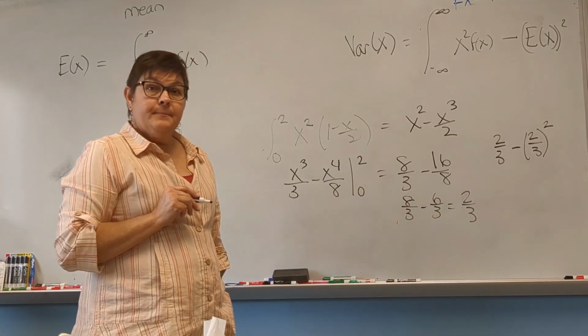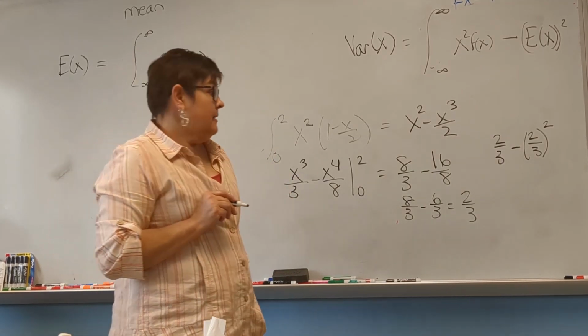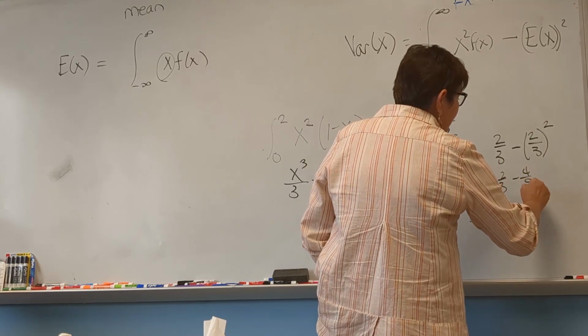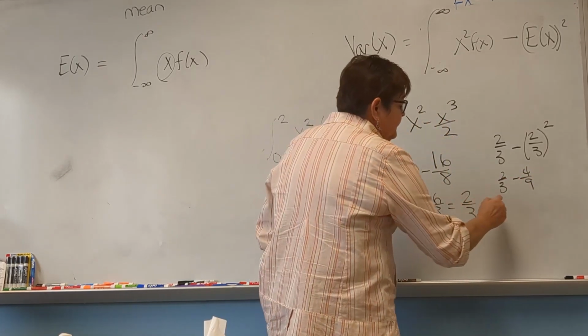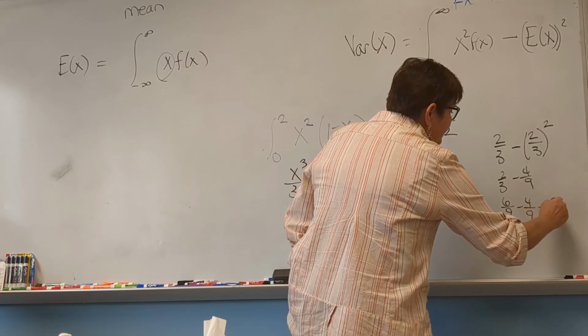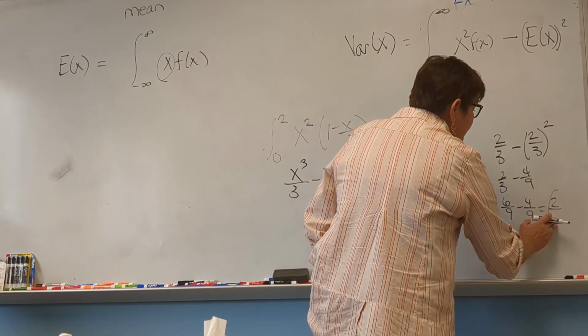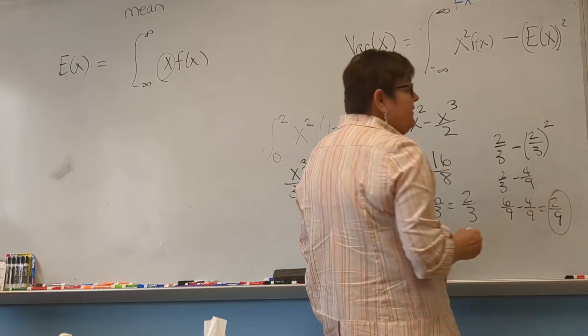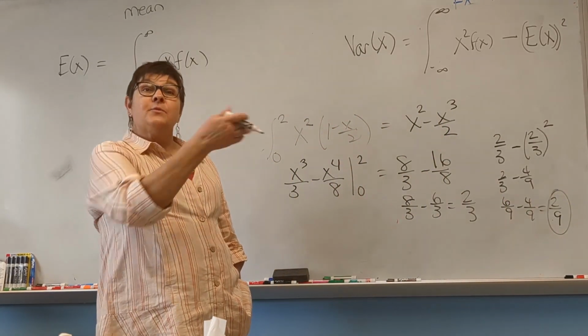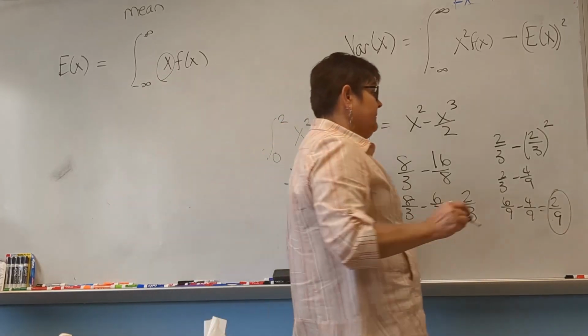Are we good? So 2 thirds minus 4/9. So 6/9 minus 4/9 is 2/9. That would be my variance, but I want to find the standard deviation, so I'm going to square root that.